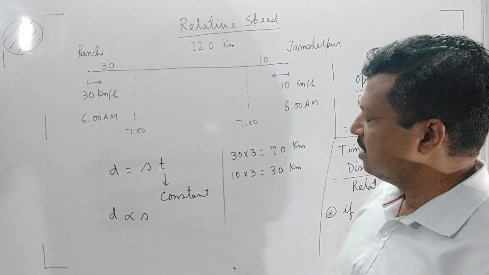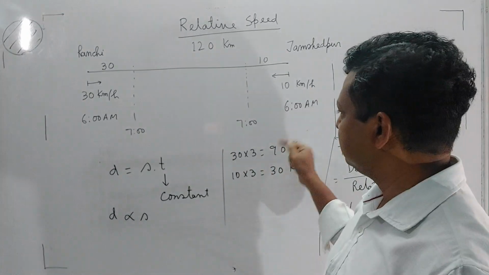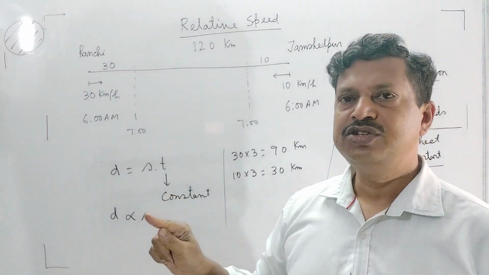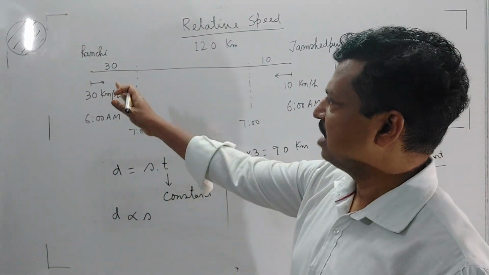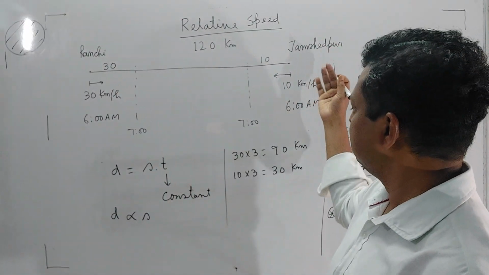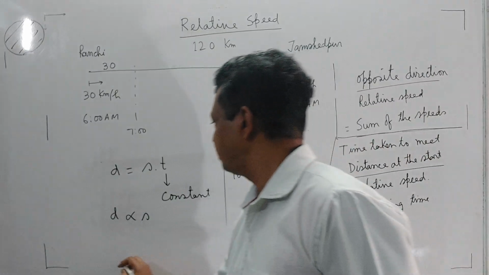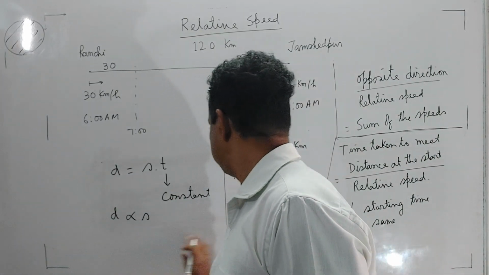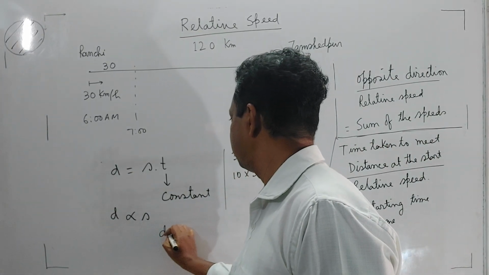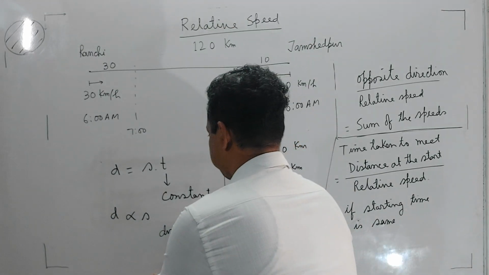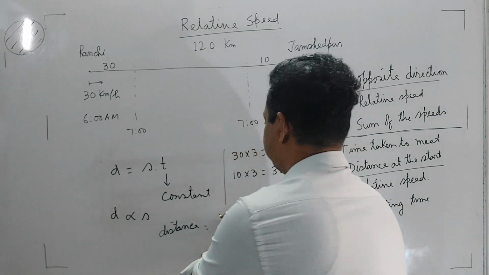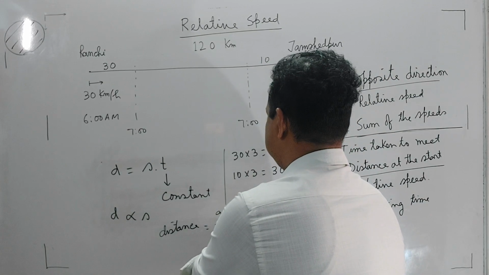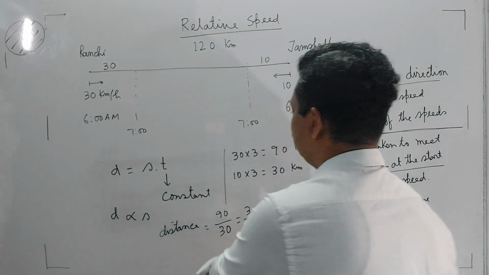That means the ratio of distance traveled should be equal to the ratio of speeds. So what is the ratio of distance traveled, the person from Ranchi to the person from Jamshedpur? The ratio of distance will be 90 by 30. This is 3:1.